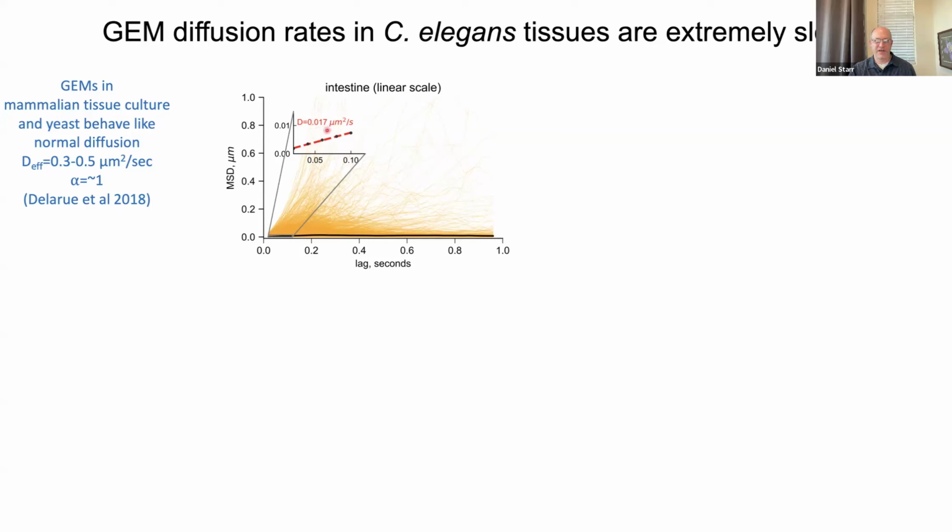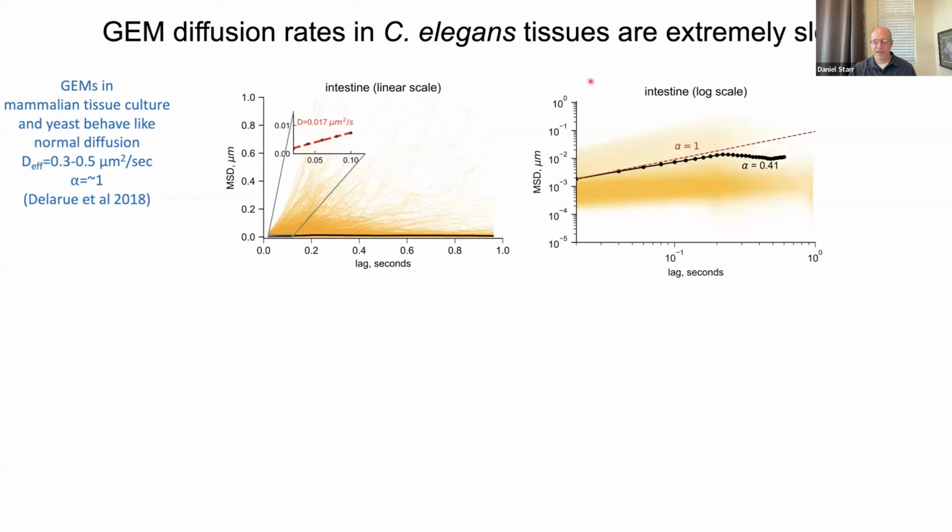The diffusion coefficient here is very slow, about 0.017 microns squared per second, much, much slower than the diffusion in mammalian cells. Then we can plot them on a log-log scale and we can get an alpha, and we can see the average alpha is far less than 1, suggesting that these GEMs are constrained. So they're moving very slowly and they're constrained in place.